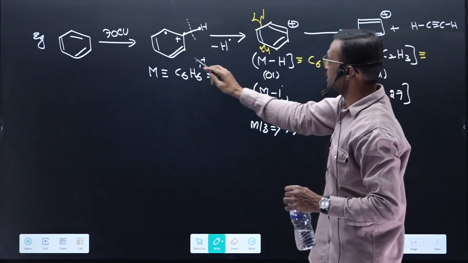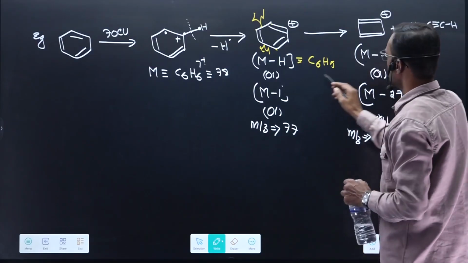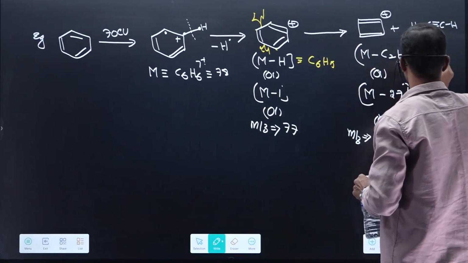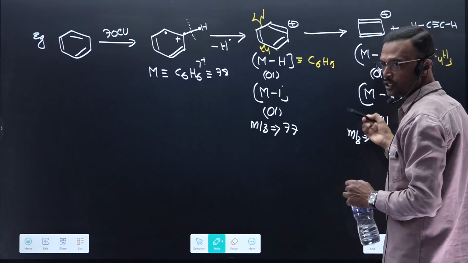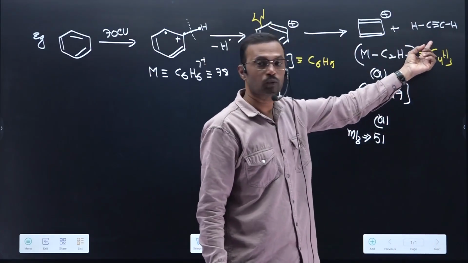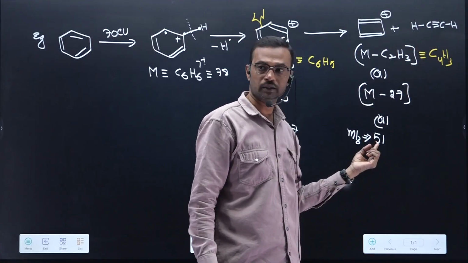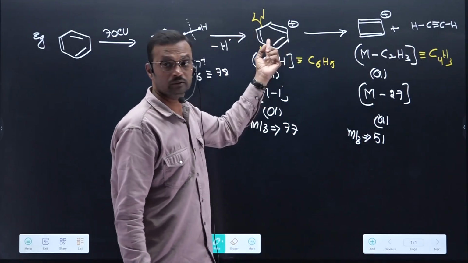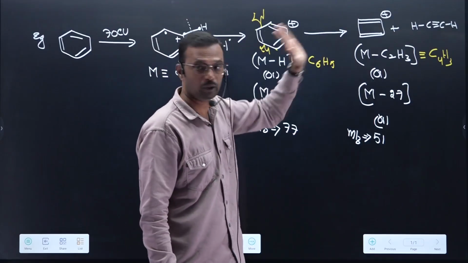Otherwise, from benzene, if I remove C2H3 from C6H6, then what happens? C4H3 or not? C4 means how many carbons? 4 into 12, 48. 48 plus 3. You can check like that. While writing M-based value, compare directly with the original molecule.